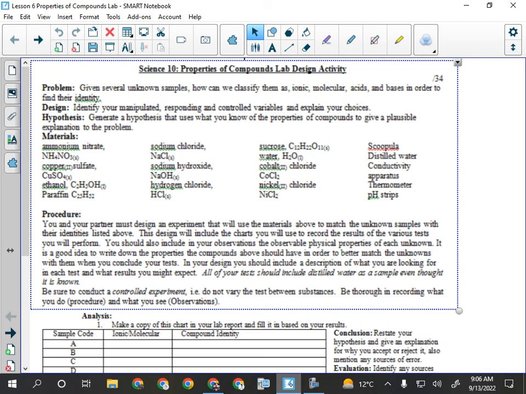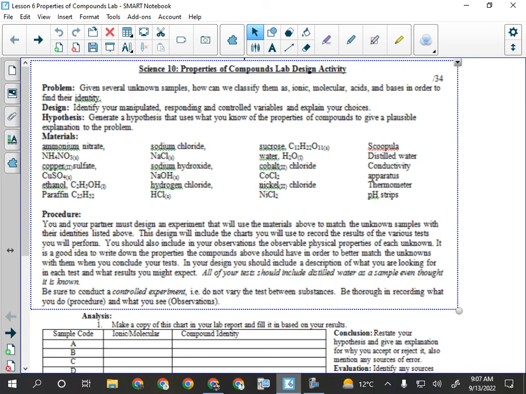Okay? All right, so in this lab, we're going to be running the tests we talked about yesterday. The Observable Properties test, the Solubility test, the Conductivity test, the pH test, and that's it, those 4 tests. So we're going to be running those tests on every single unknown compound. So the tests are staying the same.